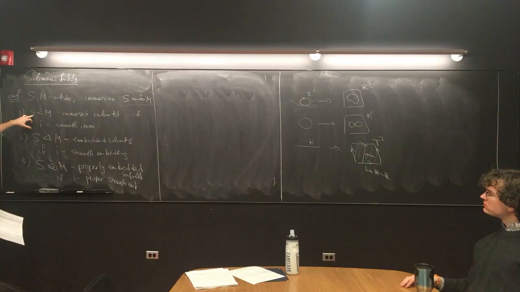Define the regular value? So remember, for functions of one variable, for instance, critical points are points where the derivative turns to 0. So basically where it stops being an immersion. And a point on the y-axis is called a regular value if all of its preimages are not critical.